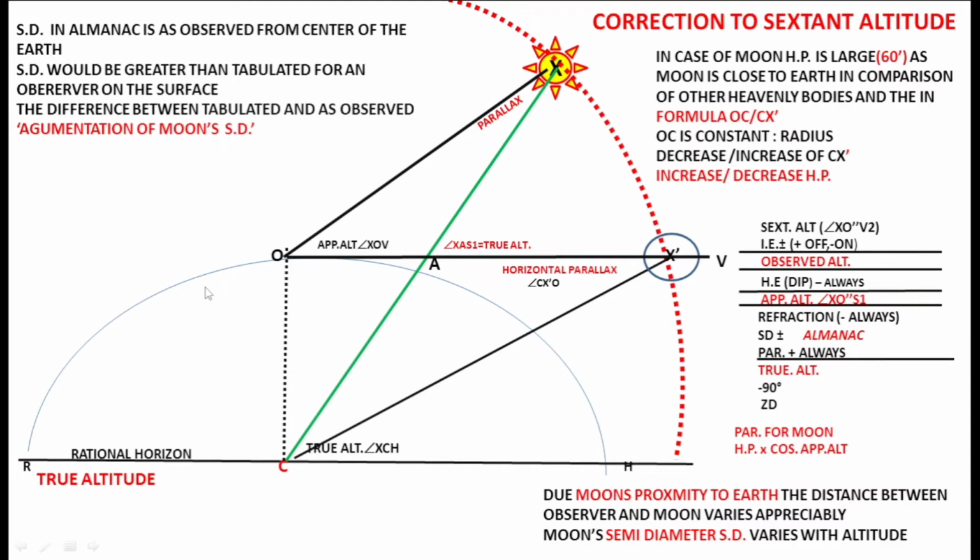So, for the moon, with the change in altitude, there is a change in the semi-diameter, and the difference between the tabulated in the nautical almanac and what we see is called augmentation of moon's semi-diameter. The difference between the tabulated and the observed is called the augmentation of moon's semi-diameter. So in case of moon, there's also some additional correction which will have to be applied to semi-diameter here.